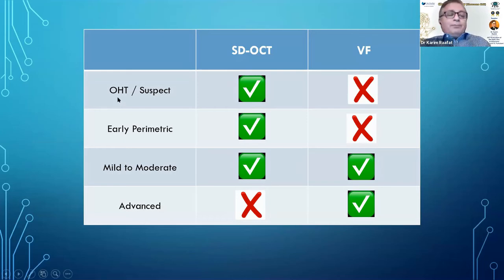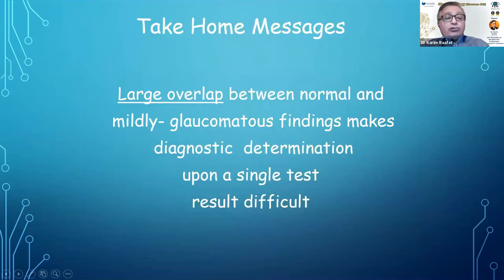With ocular hypertension and suspects, we rely more on the spectral domain. With early perimetric glaucoma, again, with the spectral domain OCT, mild to moderate, we can use both, while in advanced, we rely more on the visual field for progression and follow-up of these patients. And the take-home message is that there is a large overlap between the normal and the mild or early glaucomatous findings.